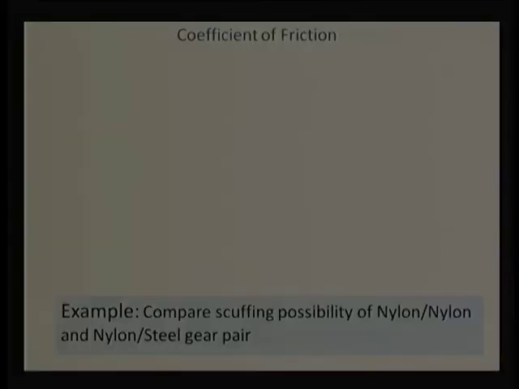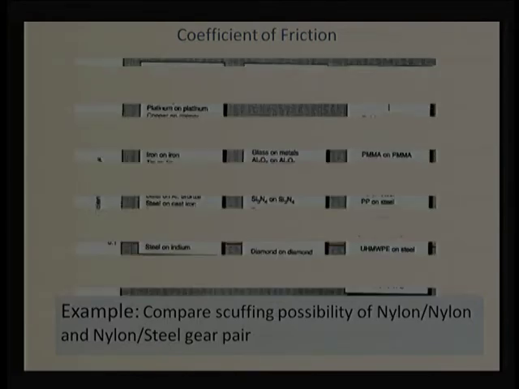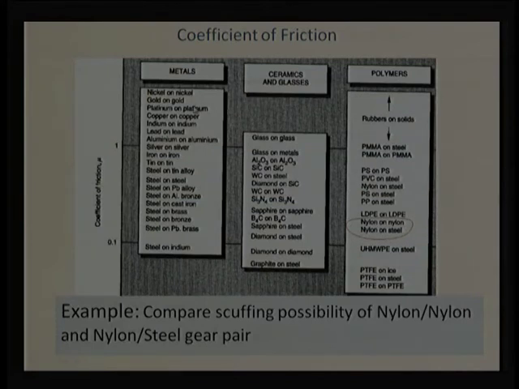So, we will take one example to find out how to utilize these relations, so that we know the coefficient of friction in the different regimes. In the dry case, I mentioned as one example that polymers can be used as a gear material.